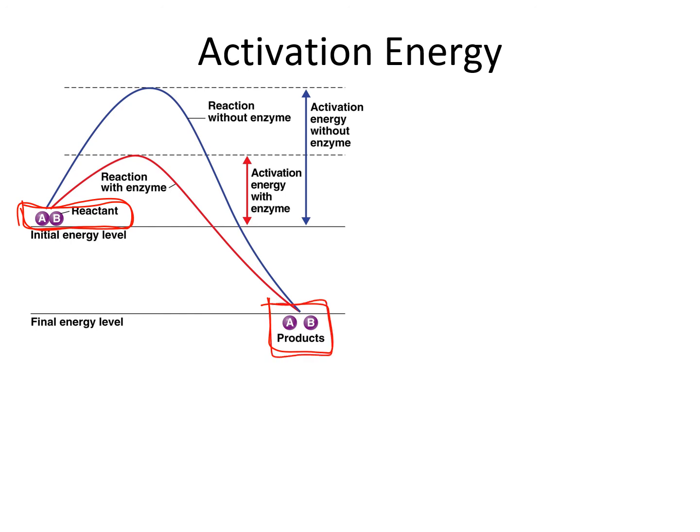For any type of reaction, there's a certain amount of activation energy that is required to destabilize the bonds. So destabilize those covalent bonds, and in this case, the covalent bonds that are holding the reactants together. So what an enzyme will do is it's going to destabilize those bonds, so you need less energy to go into the reaction to cause them to break.